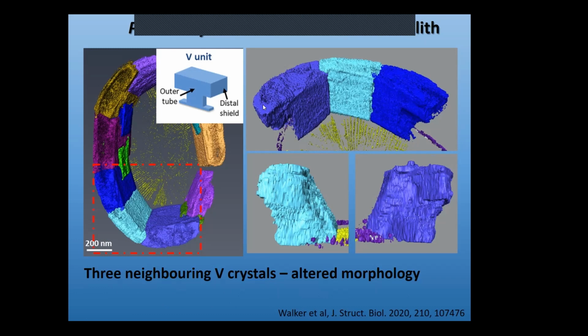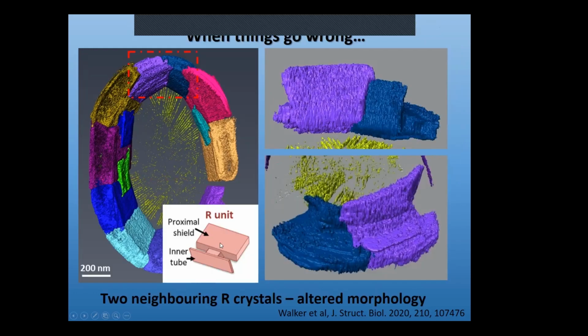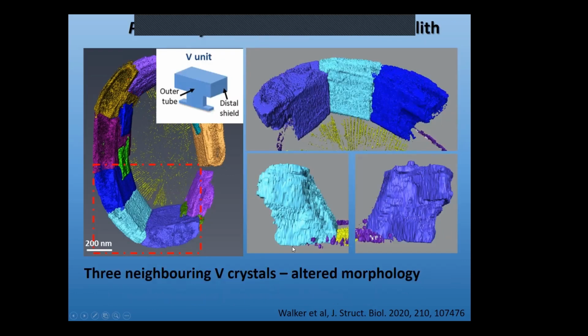And what we see is how the crystal morphology changes. Now, the one in the middle, all of a sudden, doesn't have this indentation here in the middle. And where it would be expected to have an indentation here at the back, where this back part of the R unit would come, it's basically flat.